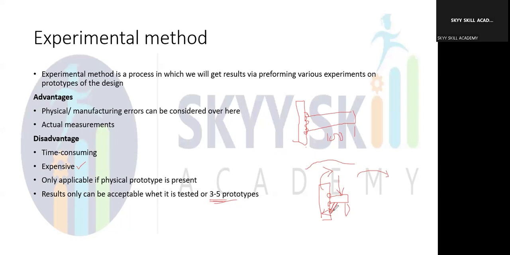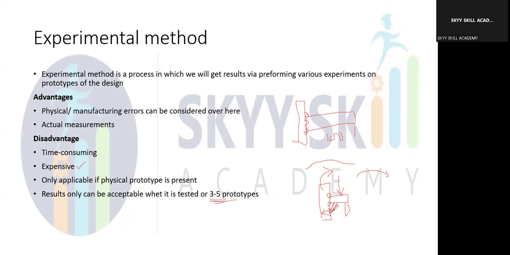Or you can say you are not going to get your optimum design in less time. So because of that we need the numerical method, that is FE or FEM. After that, when you have got your optimized result, you will go for the experimental method. Then in just one go you will get your perfect result, or that license from the government or anything.